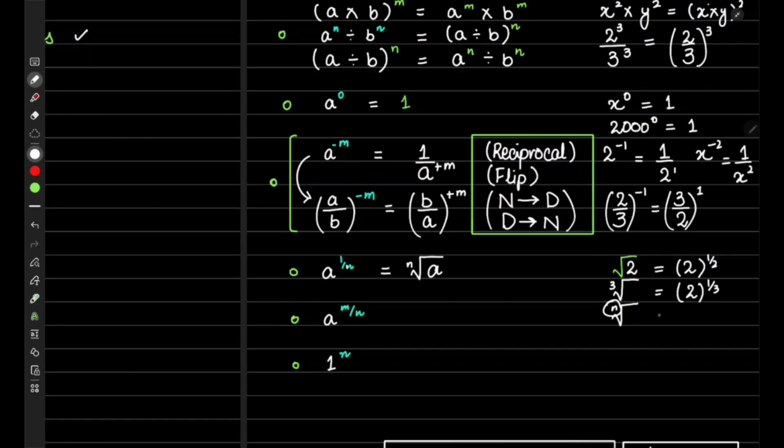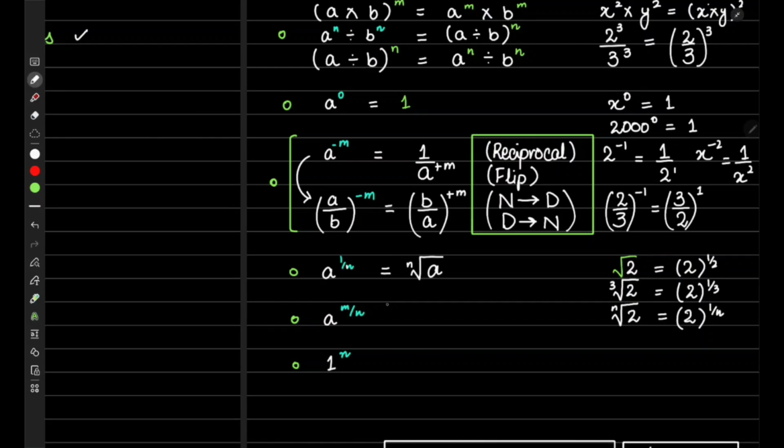So let me say that this is an nth root. So what does nth root mean? Nth root means that your power is 1 over n. Okay, this is all about the root. So fractional power is actually the root.